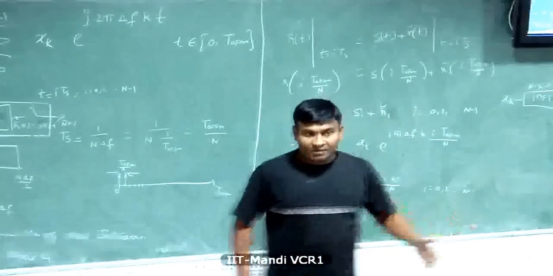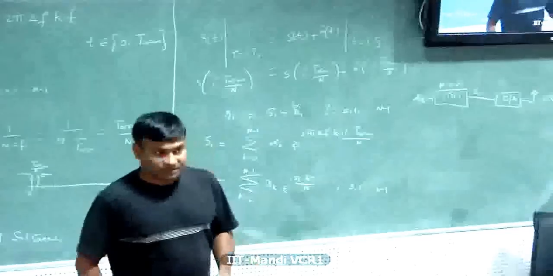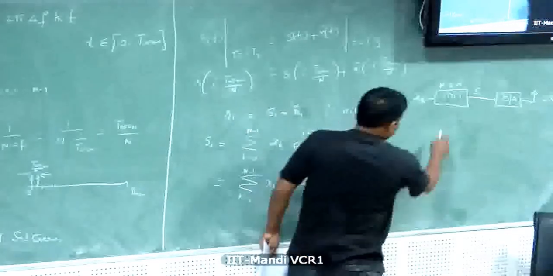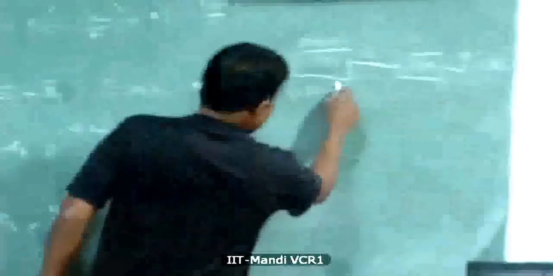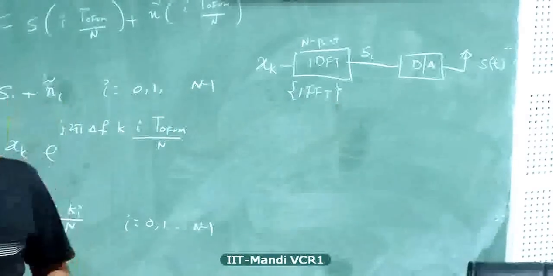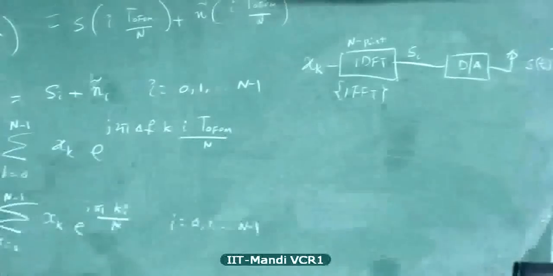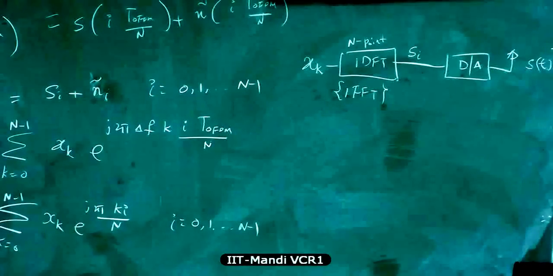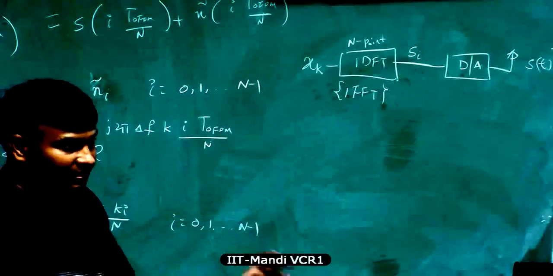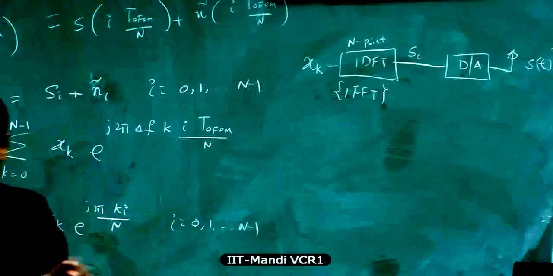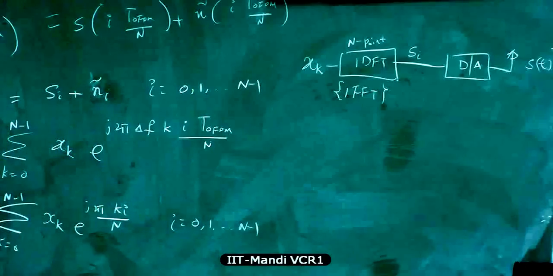Well, DFTs can be implemented with fast Fourier transforms, so you can use an IFFT to implement this using either DSPs or ASICs. Usually n is on the order of 512 or 1024 or 2048, at least in 4G systems.